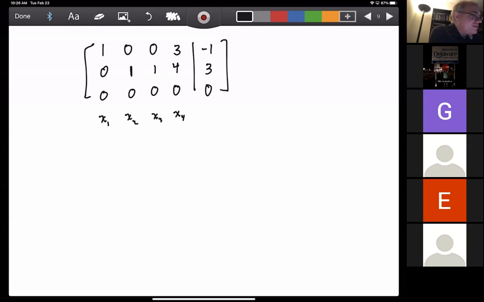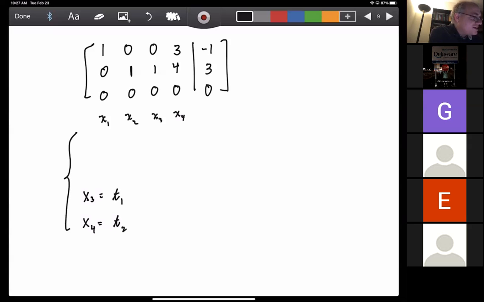What would the free variables for this be? What's the best choice to pick for the free variables? Would it be x3 and x4? Okay, that goes along with what we've been saying. So we could say x3 is s, x4 is t, or maybe t1 and t2 are the free variables.